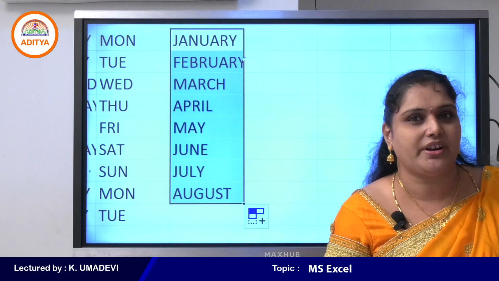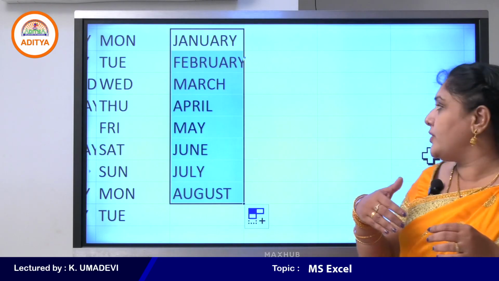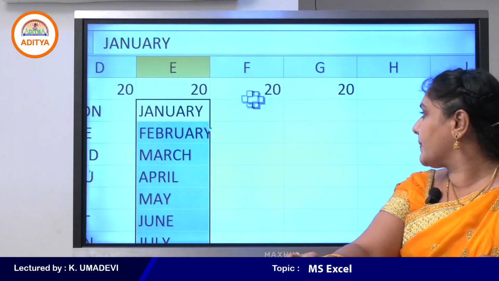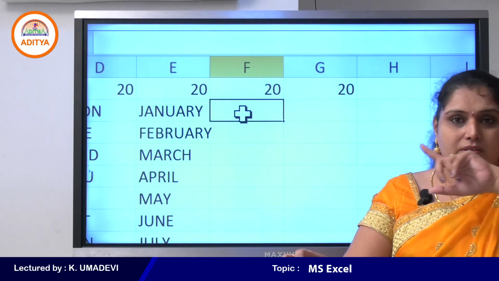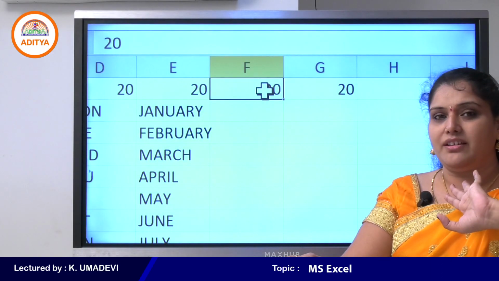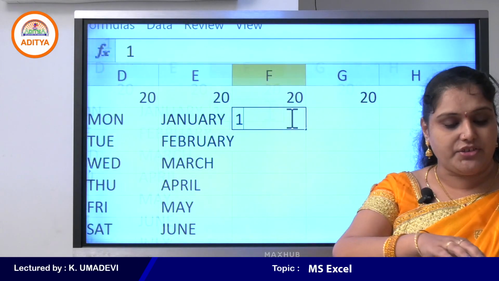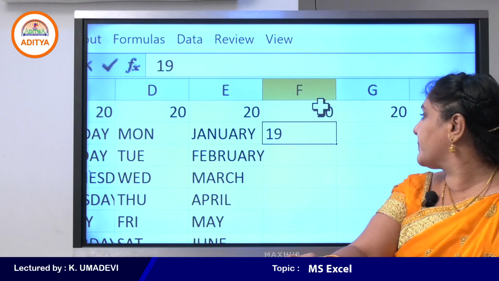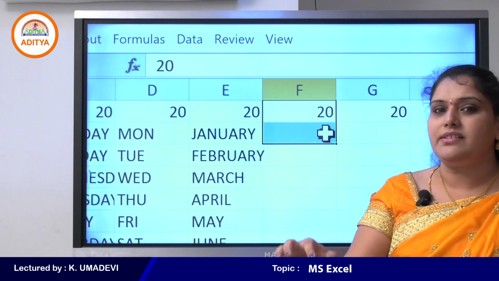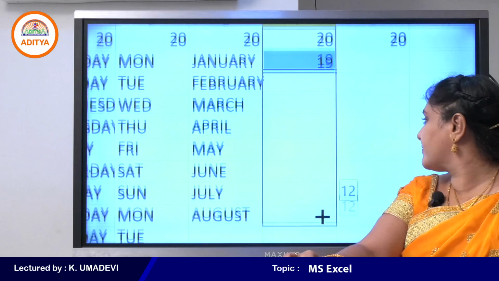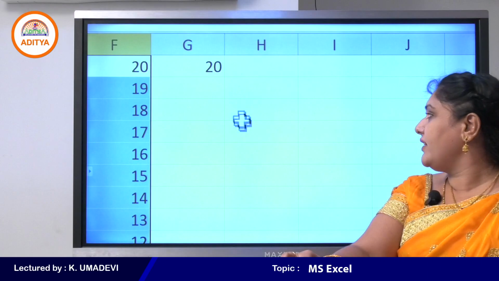Do you understand, students? See, if you want to fill the series in decrement order, for example here, the first number is 20, already available in the first cell. Here I will enter 19, students, 19. Select the two cells. Okay.